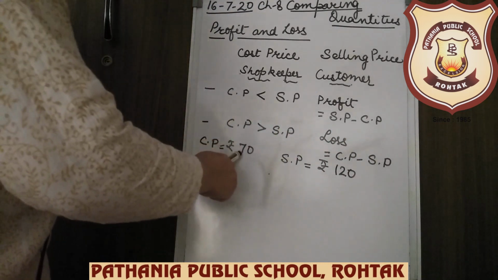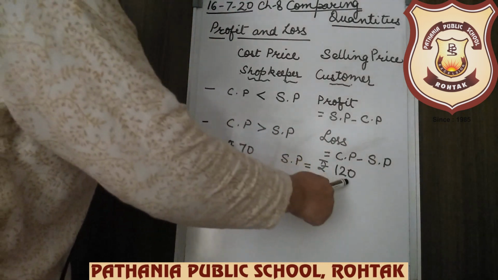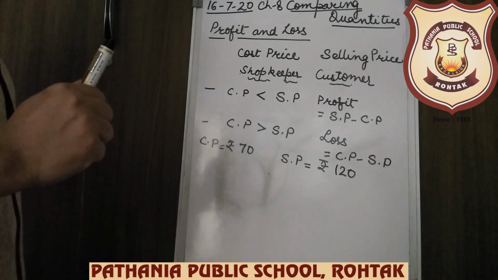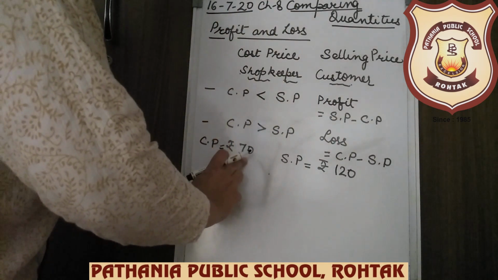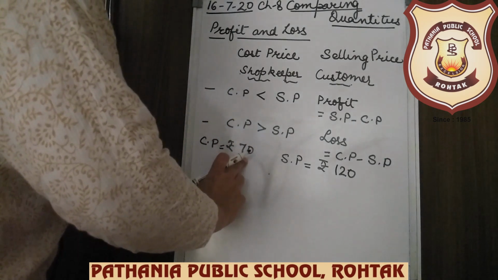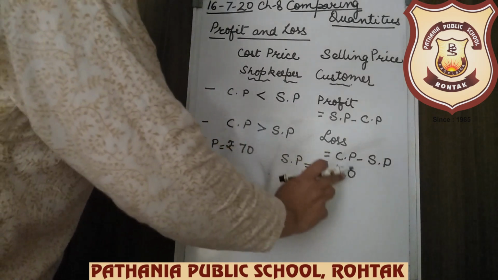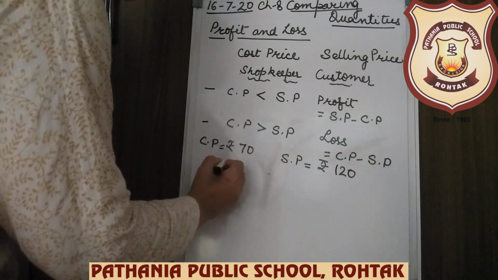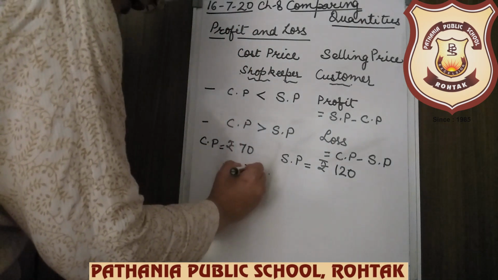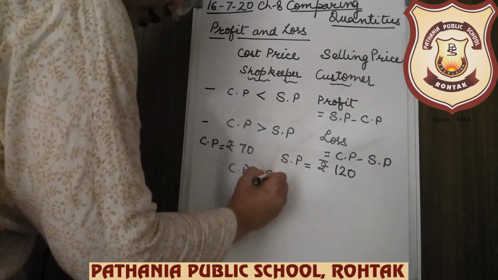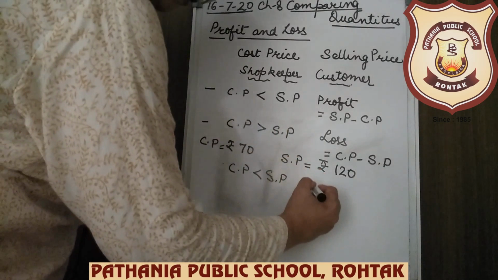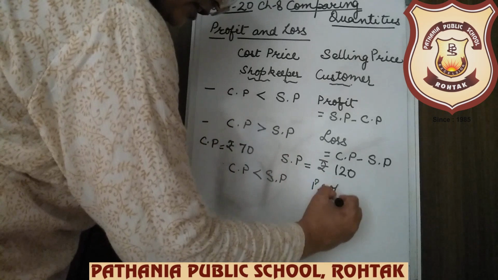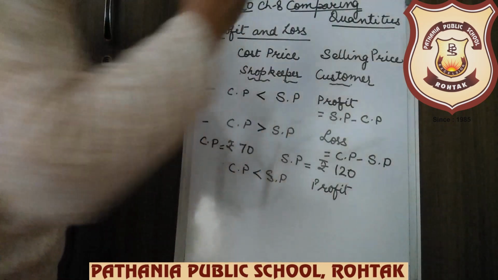Now you see the cost price is smaller than the selling price. If the cost price is smaller than the selling price, then there is a profit.